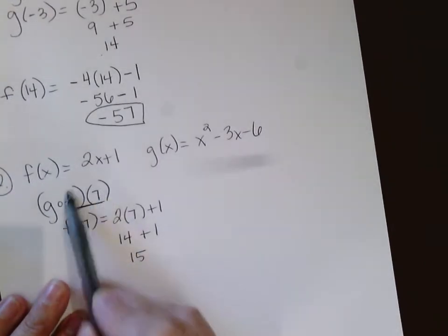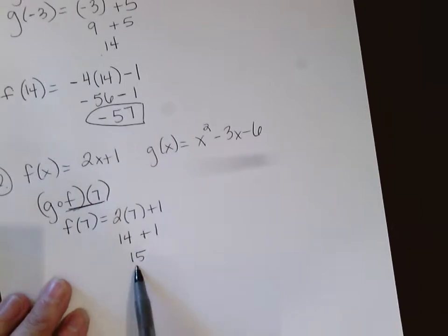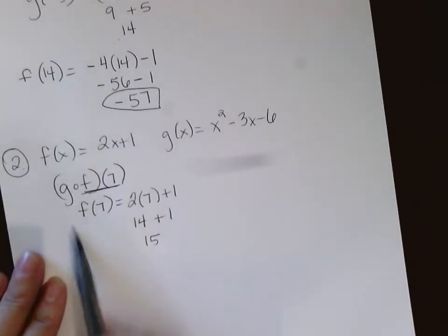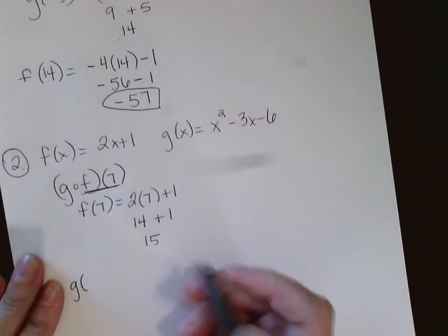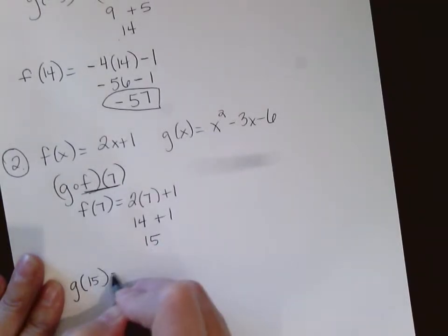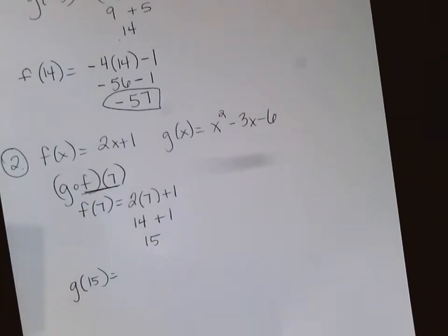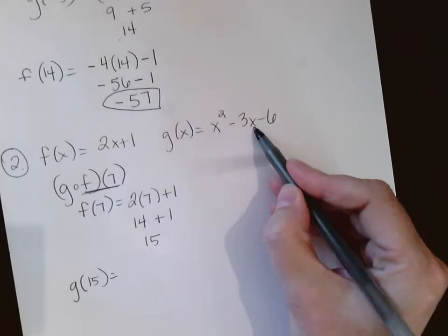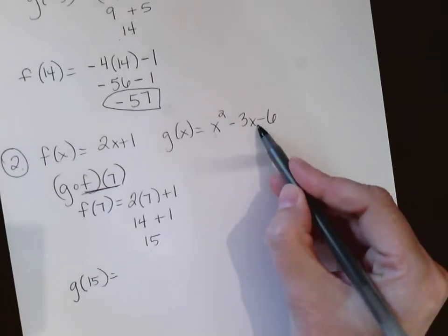So I found the f of 7, which gave me 15. So now I bring down the g, and I'm finding g of this answer. So g of 15, which means go to your g function and replace the x's. So here and here, I'm going to replace those with the 15.